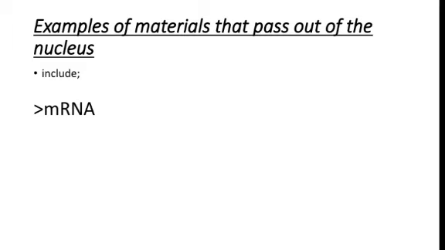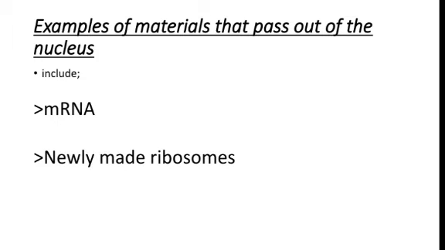So the first one, we have the mRNA. We have the newly made ribosomes, and we also have the hormones. So all of these ones, they are synthesized within the nucleus. So this mRNA is called messenger RNA, and the RNA stands for ribonucleic acid.